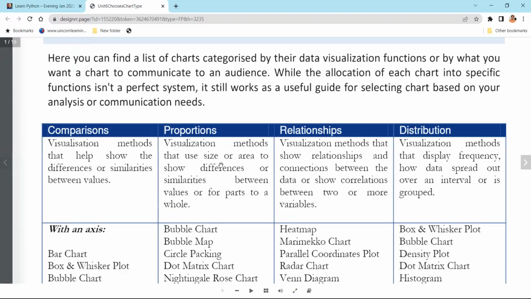You want to show the proportion. Proportion means you want to compare which is larger, which is smaller, right? Let's say you want to see which business segment gives you maximum profit. So you want bubbles, or the size of your visualization, to be in proportion with the returns.